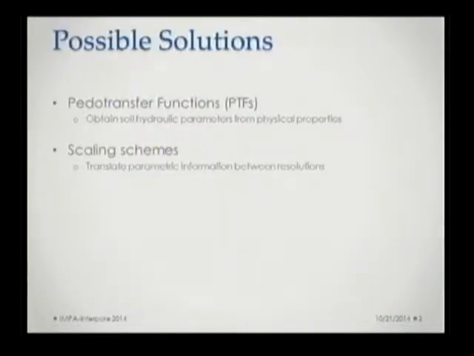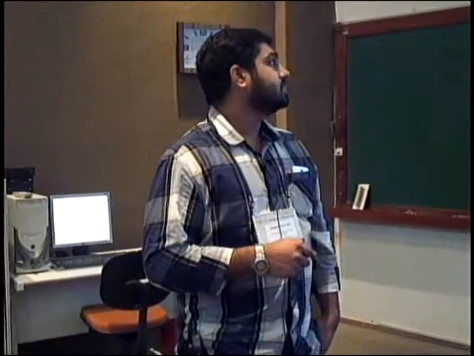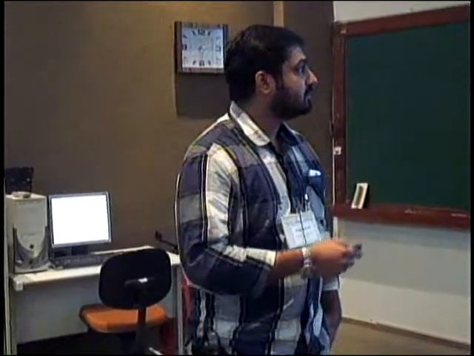So the most common solutions to the problem are either to use pedotransfer functions, where you obtain the soil hydraulic parameters or the soil moisture from other quantities which are more easily measured, or you use scaling schemes, where you measure the soil moisture or the parameters at one scale and then you translate it to other scales.